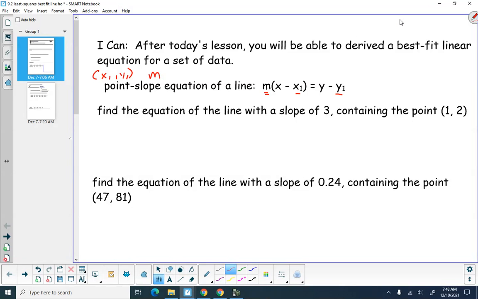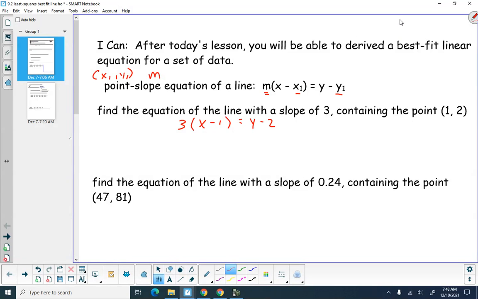If we're going to have an equation of a line with a slope of 3 that contains the ordered pair (1, 2), we can substitute in our 3 for the slope. Our x value is 1, so we have 3(x - 1) = y - 2.